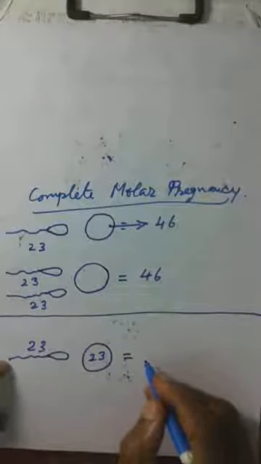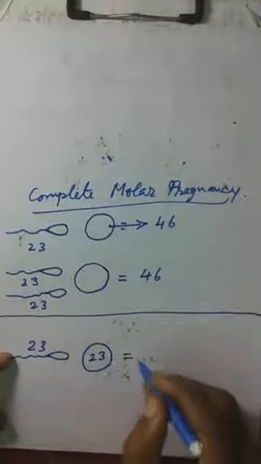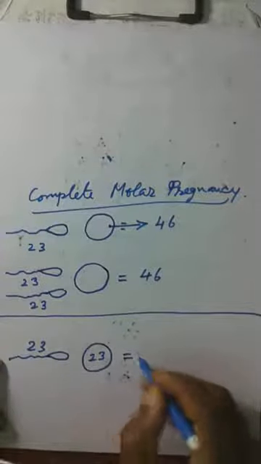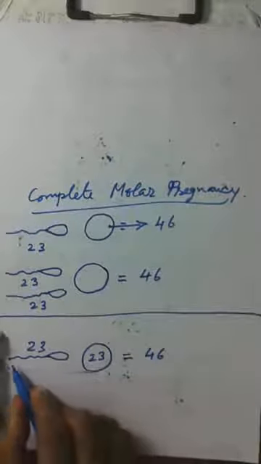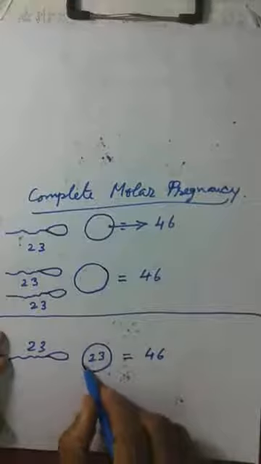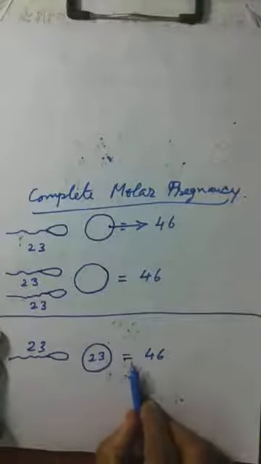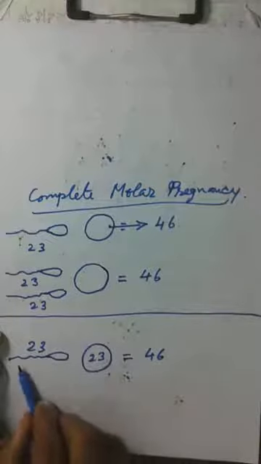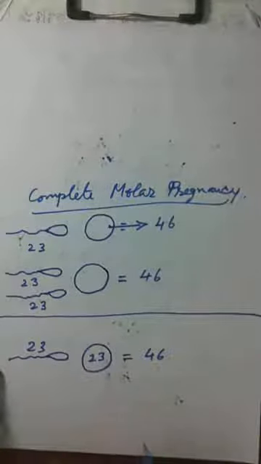Even though this will join and will come out with 46, it will be an underdeveloped ovum, and so even though it is 46, it cannot give a good gamete.